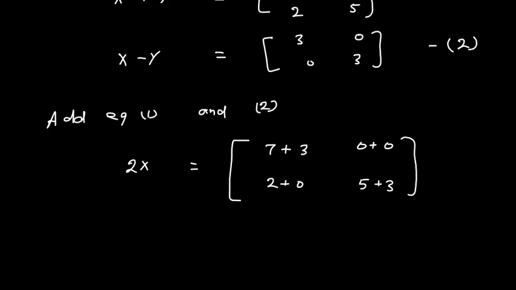Corresponding elements we are adding, because here we have to add these two equations. So this 2x will become 7 plus 3 is 10, 0, 2 and 8. So this we get 2x.